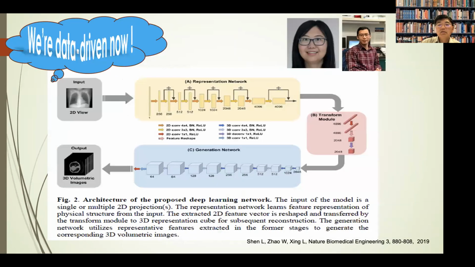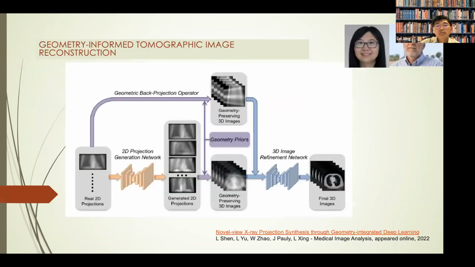So this is the network. It's quite complex, but briefly, you have an input of projection data, right? You can use one or a few, and then the system goes through a 2D representation network, and makes a transformation from 2D information to 3D, and then refines the image, and you get your image.